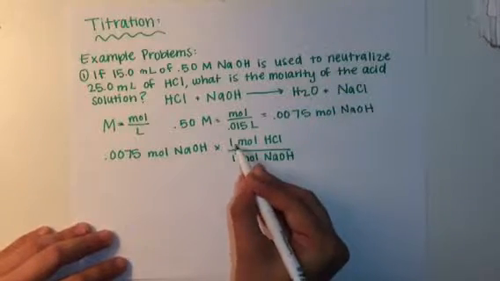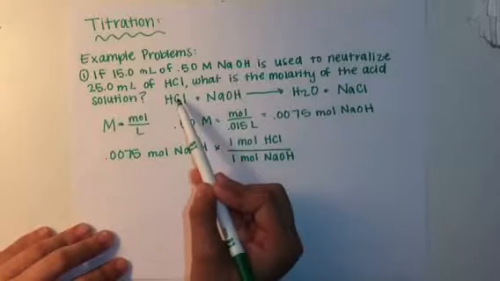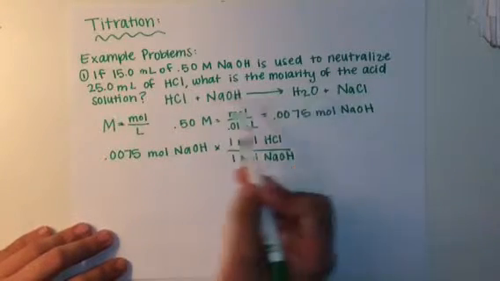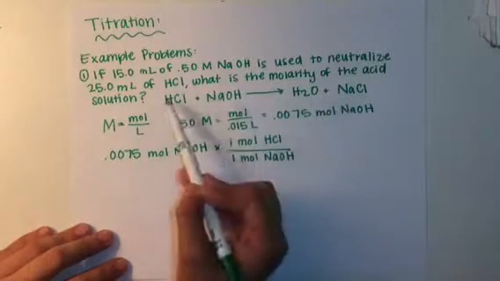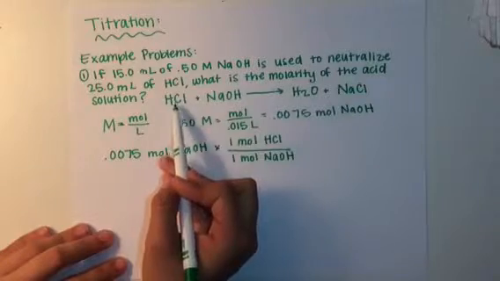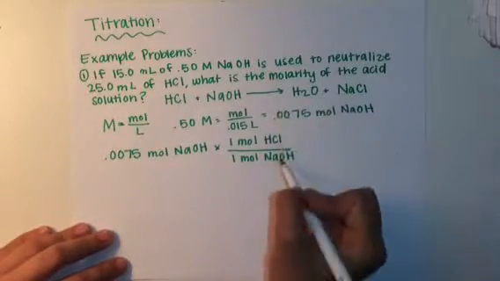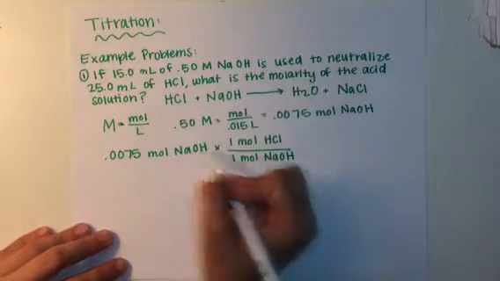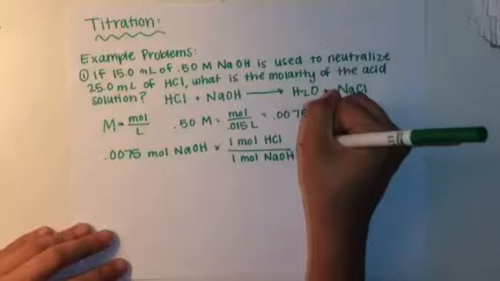These two numbers come from the ratios between reactant and reactant or reactant and product. Since this equation is all 1 to 1 to 1 to 1, the ratio between HCl and NaOH is 1 and 1. NaOH goes at the bottom because we want to cancel it out, since we want moles of HCl, not NaOH.